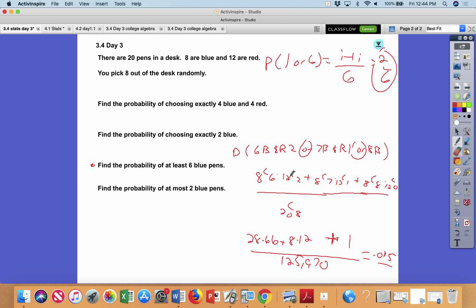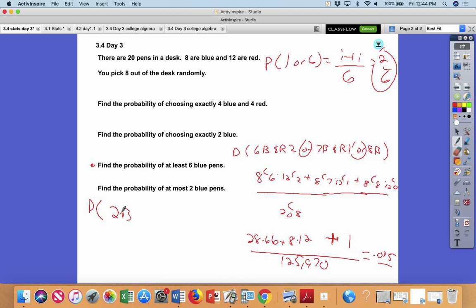Okay, let's do this. Let's just talk about this one here. Maybe we don't need to do all of it. I think that we're probably pretty good as far as the math of this. But what would this be? At least, or at most, 2 blue pens would mean 2 blue and 6 red, or 1 blue, 7 red, or 0 blue.